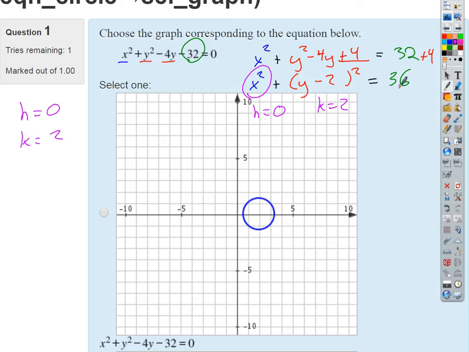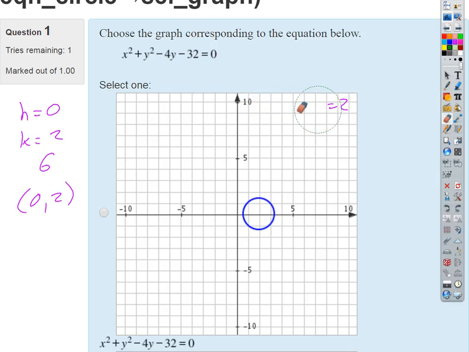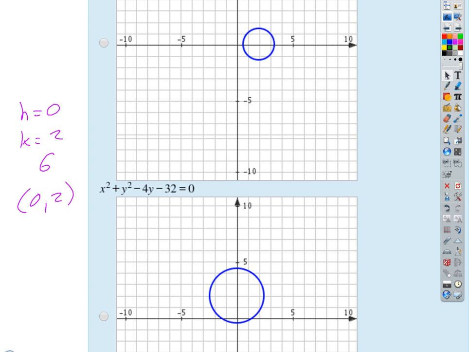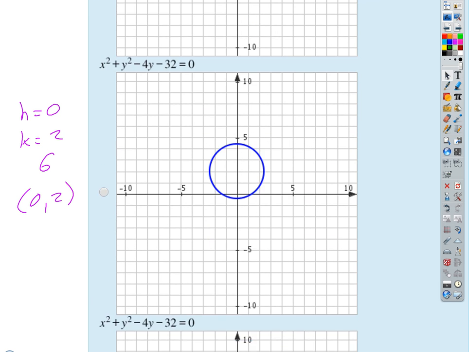And r squared equals 36, so this one tells me that r equals the square root of 36, which is 6. So we've got a center at the point (0, 2), with a radius of 6. So all we've got to do is go find that graph. So (0, 2), radius of 6.